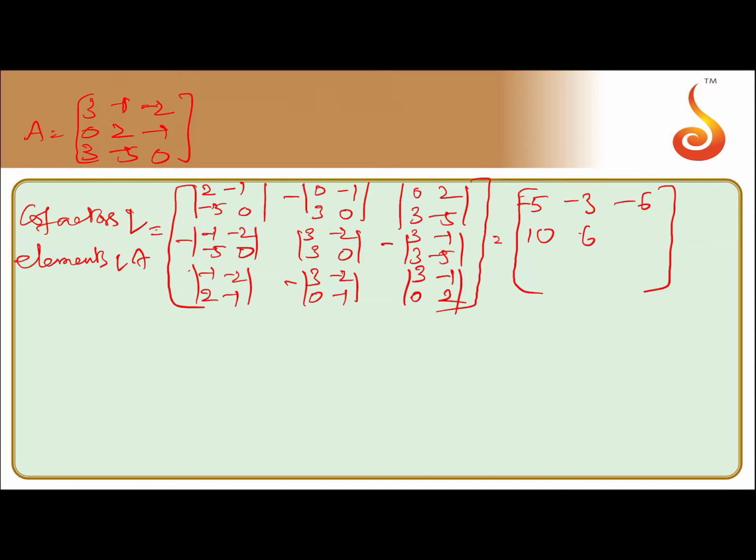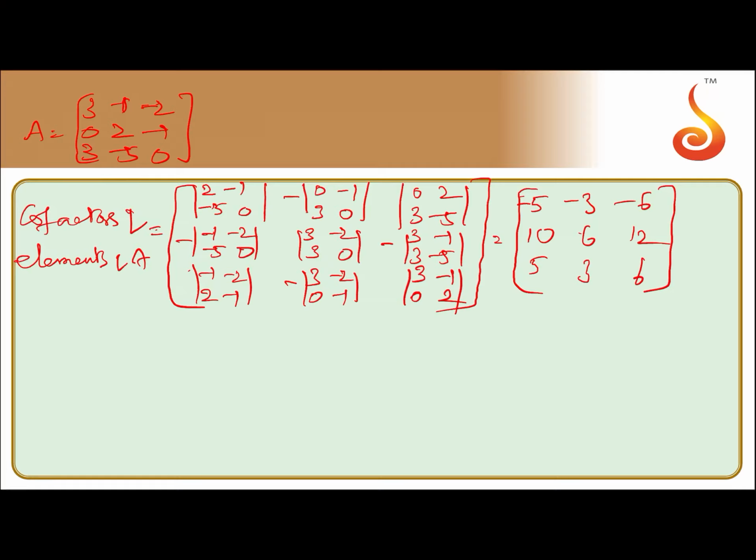Minus 15 plus 1 plus 3, minus 15 plus 3, you'll be getting plus 12. 1 plus 4, 5. And minus of minus, plus 3, and it is 6. This is about the cofactors matrix.